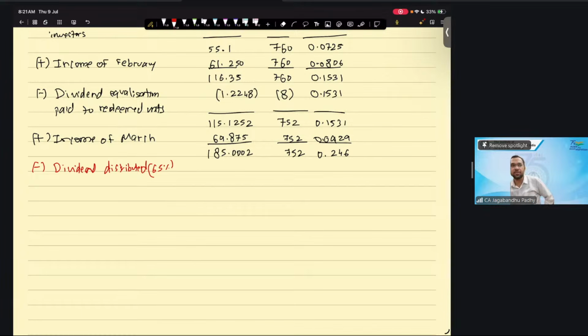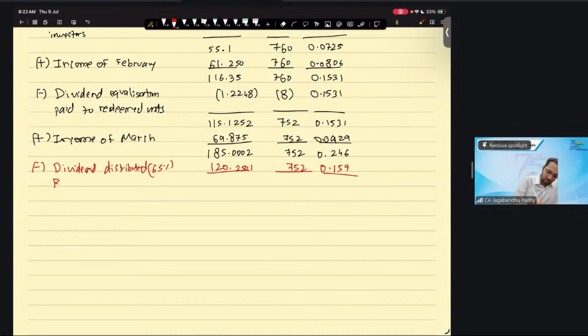So how much money is being distributed as dividend now? 185.0002 into 65%, which is 120.2501. This is distributed amongst the 752 unit holders. So per unit wise, it comes out to be 0.159.